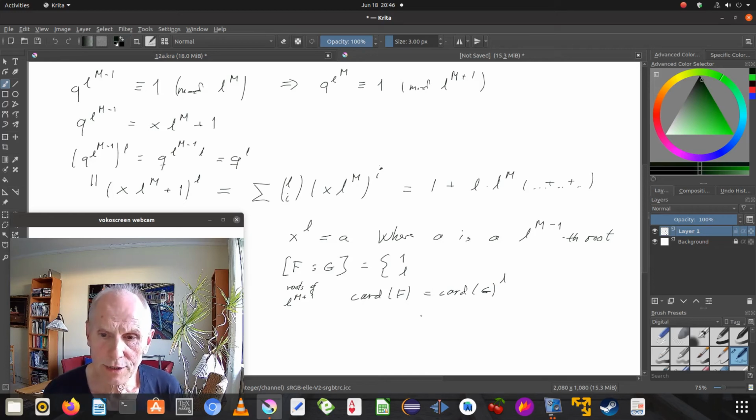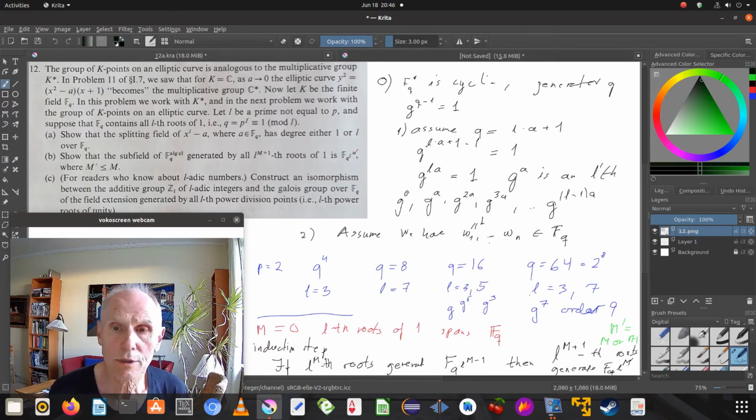And the cardinality of g was q to l m minus 1, wasn't it? That's here, at the bottom, there.